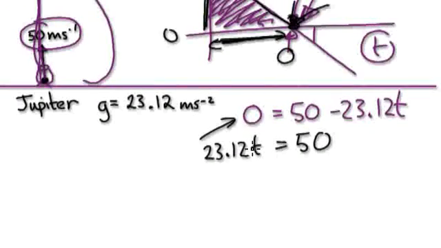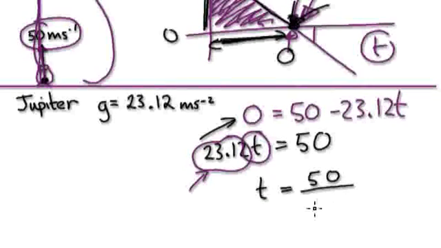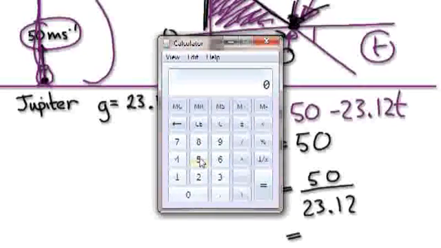At the moment you've got this number multiplying with t, so divide both sides by 23.12. So t equals 50 divided by 23.12. So jump to a calculator. 50 divided by 23.12 equals 2.